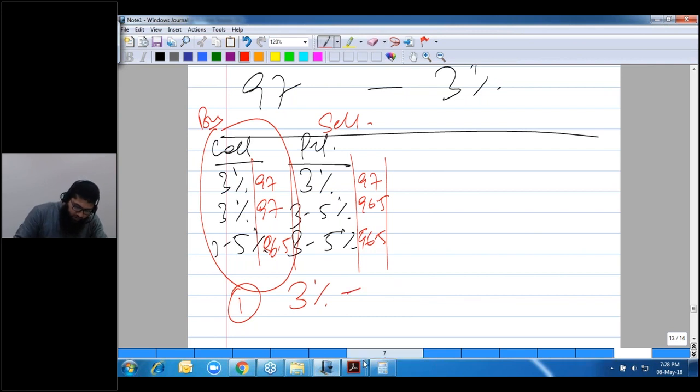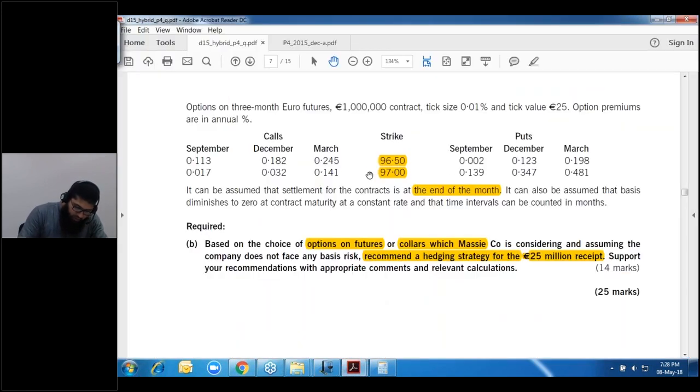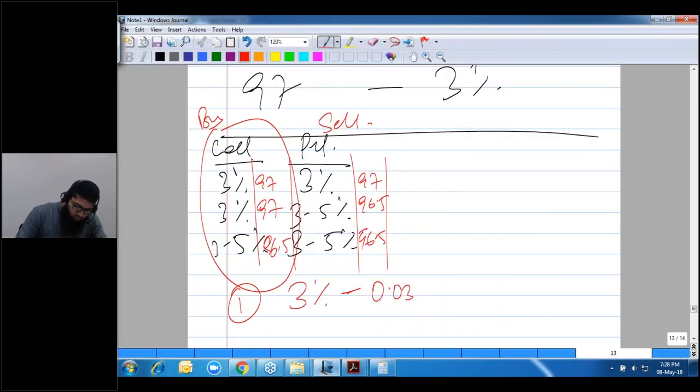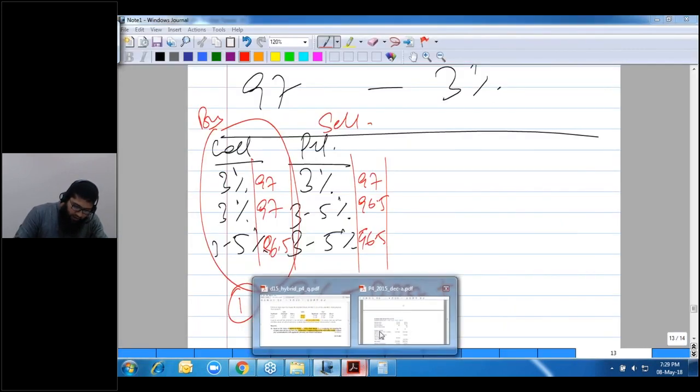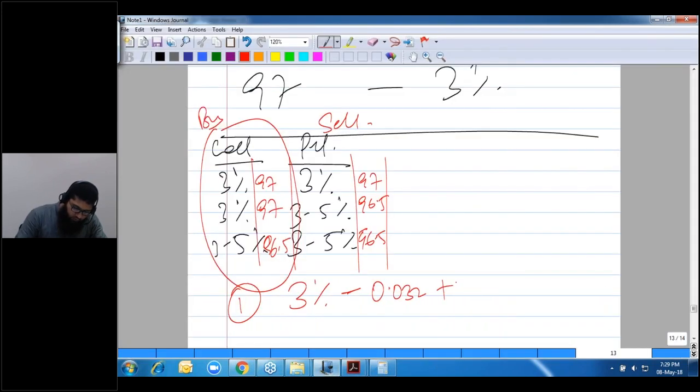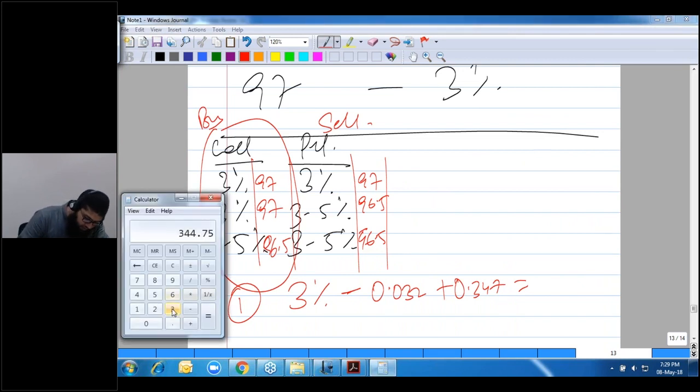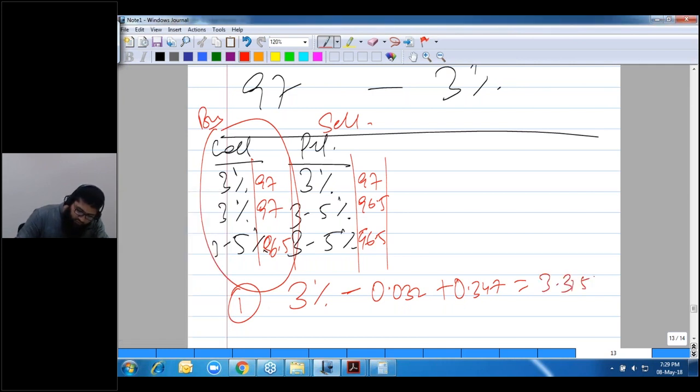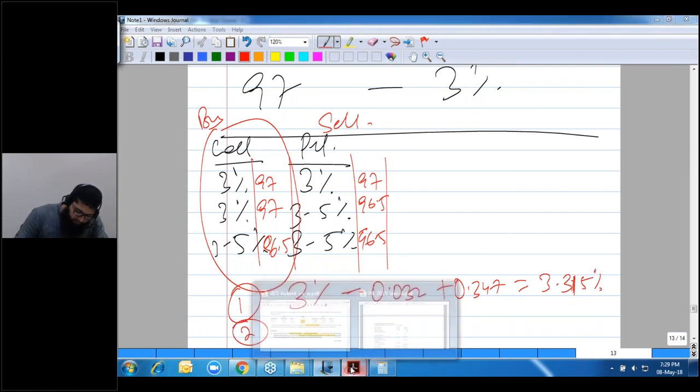So it's 3% minus 0.032, and you add up 0.347. What is the net rate that we'll get? 3 minus 0.032, and we add 0.347. So the net rate is 3.315%.